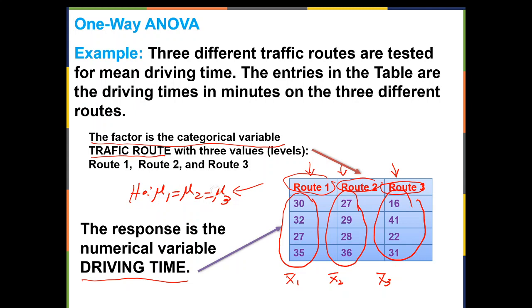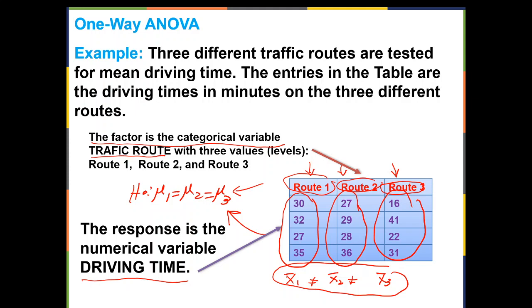The mu's are the same. Of course we are not going to get the same x bars here. We will get different x bars, but the question is, are these x bars different enough for us to reject that or not? That's the question we want to answer here.